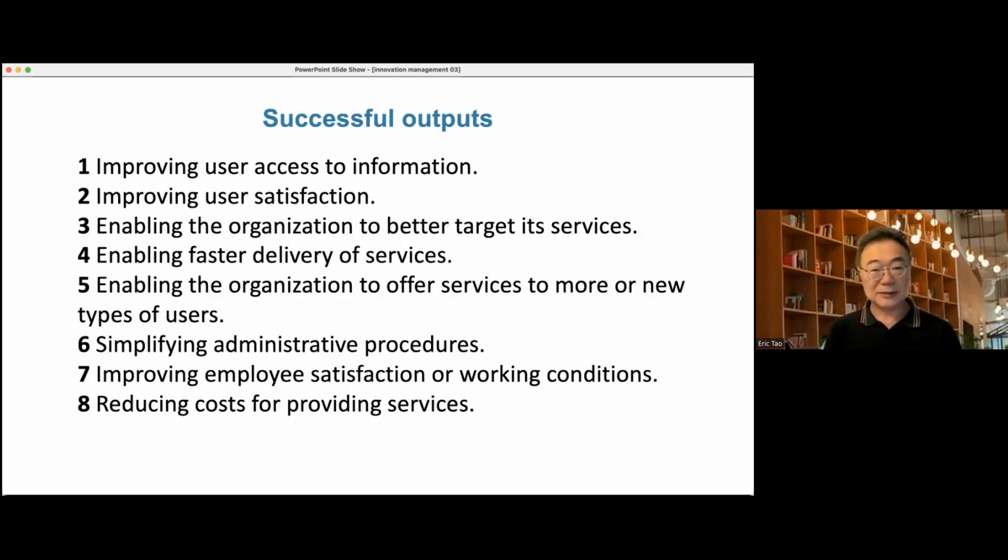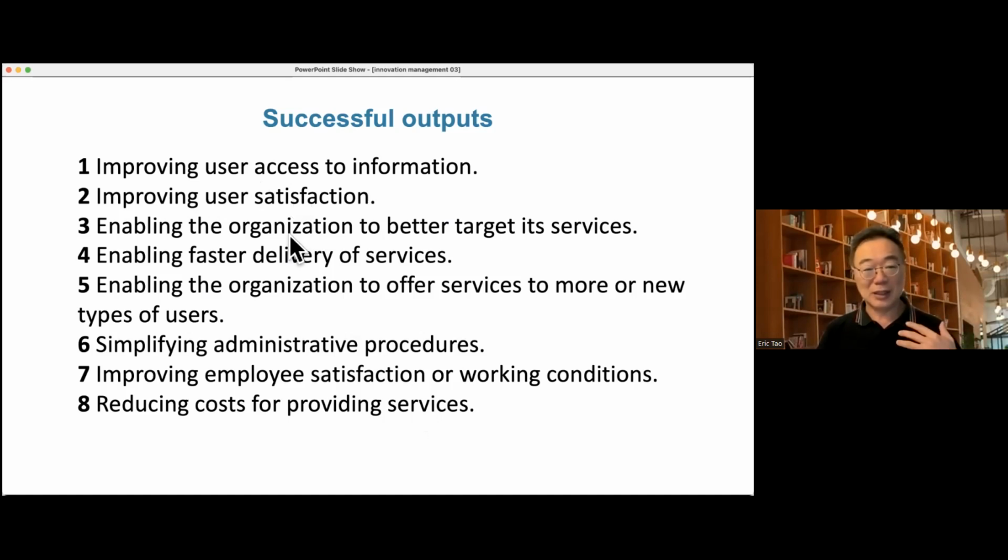Let's take a look. So if you have a successful public sector innovation, these are the expected or hoped-for outputs. Okay, so of course you want citizens to have better access to information. You want to improve their satisfaction with the government.